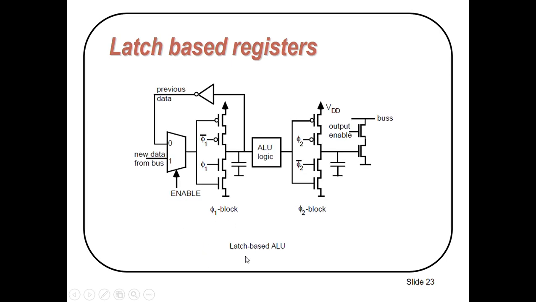Again, this is a latch based ALU, arithmetic logic unit. Similarly, you can design this latch based arithmetic logic unit. Again, this is the first stage and this is the second stage.